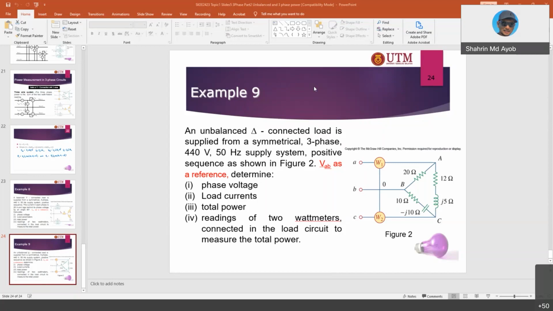If there is no question, then I think we can conclude our class for today. For today's class, we have already completed topic 1, which is AC power.